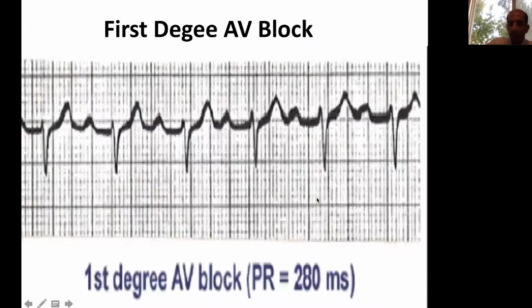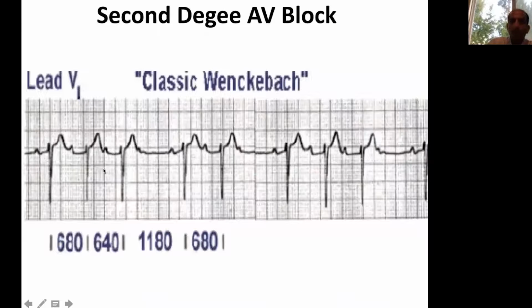That's the criteria. If it is prolonged and also there is a block between the P wave and the QRS complex, then you have to see whether the block is happening in a regular manner or an irregular manner. If the PR interval is slowly prolonging and then blocking, we call it type 1 second degree AV block or Wenckebach AV block. So there's PR prolongation slowly and then block.